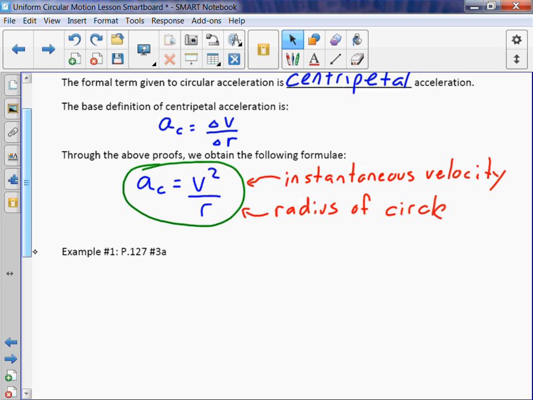Let's do an example from the textbook, shall we? Okay, let's go to page 124, number 4.